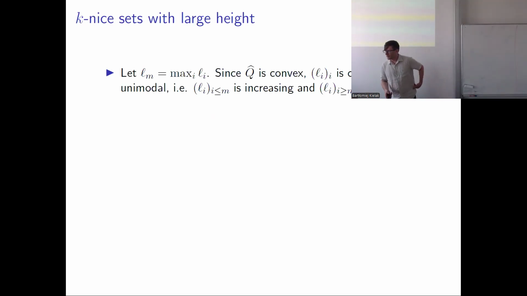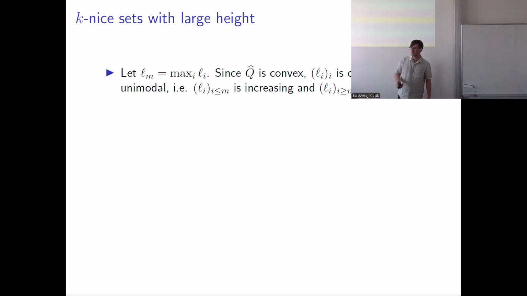Note that since our set Q, the convex hull of Q, is now a convex set, the levels form a very nice sequence of numbers. This sequence is first increasing, because the levels increase, and then they start to decrease. I think there is a notion of unimodal sequence which satisfies this kind of property.